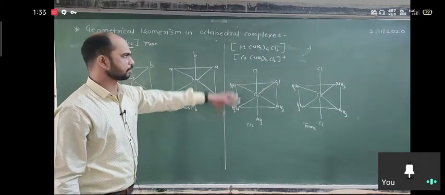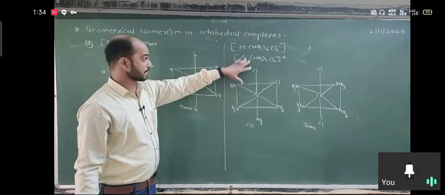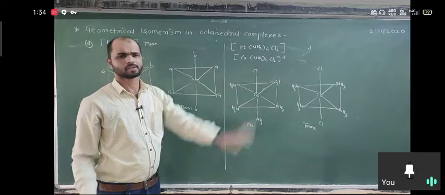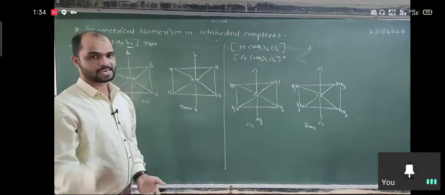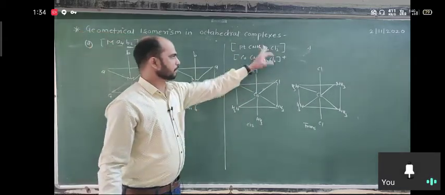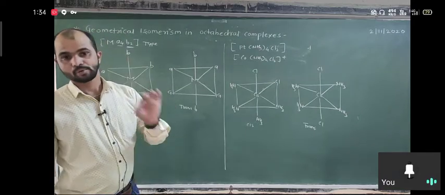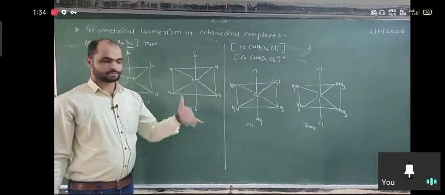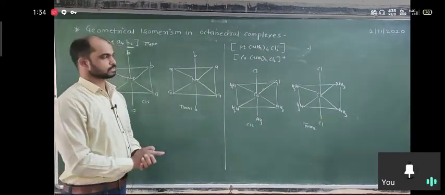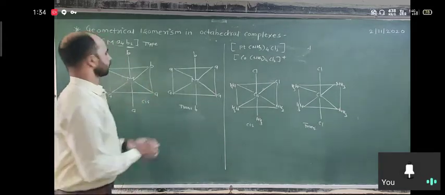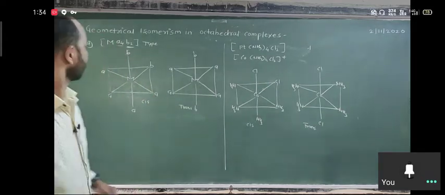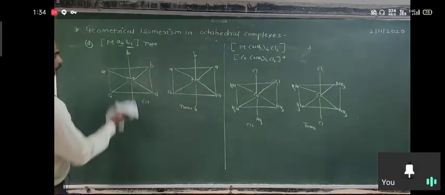This is the example. You can use this example or another first example, or other examples are given. Just identify which type of complex is given, M, A4, B2, or another type we are going to discuss in later examples. Okay, so this is all about the first example. First type is M, A4, B2 type.